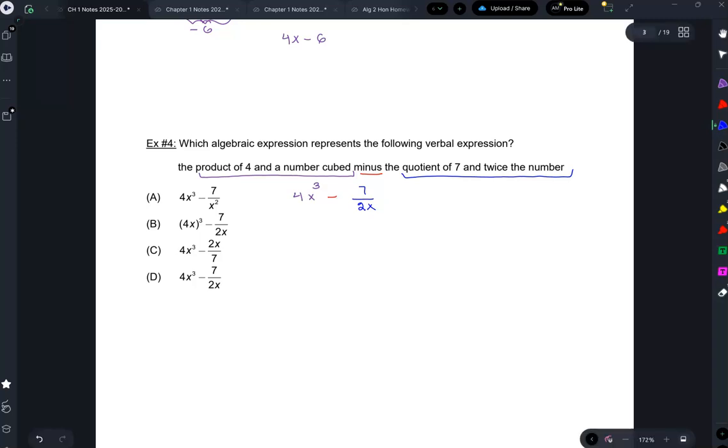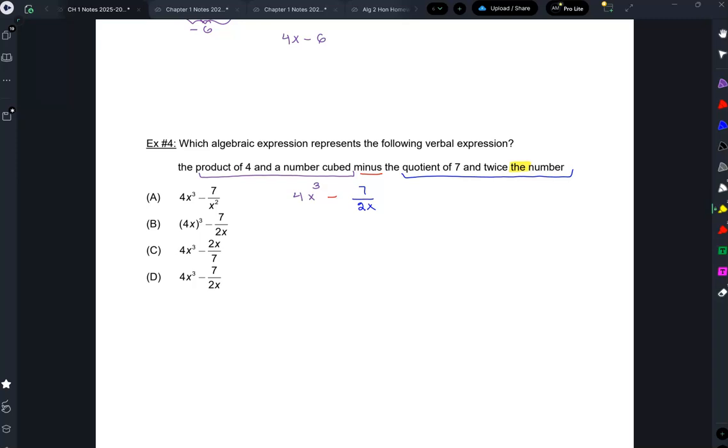Okay, now look, here is something important. In the beginning, you had the product of 4 and a number cubed. So you chose your variable to be x. And now this says quotient of 7 and twice the number. When it says the number, it's referring to the same variable that you used before.